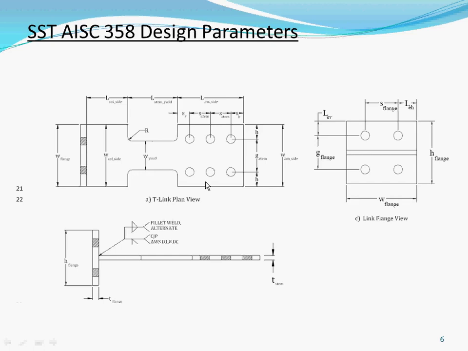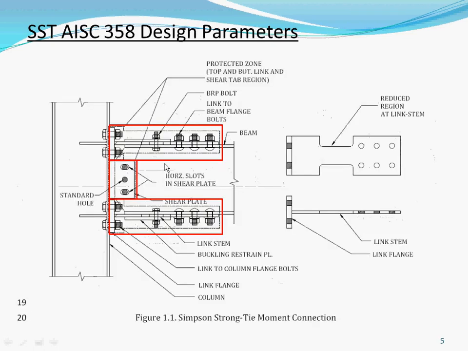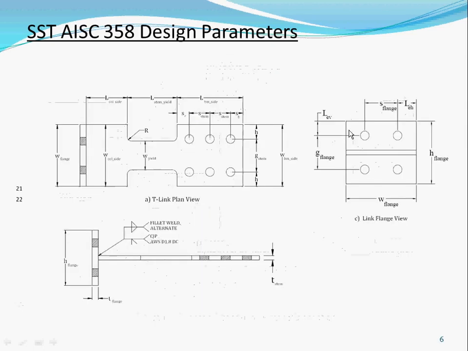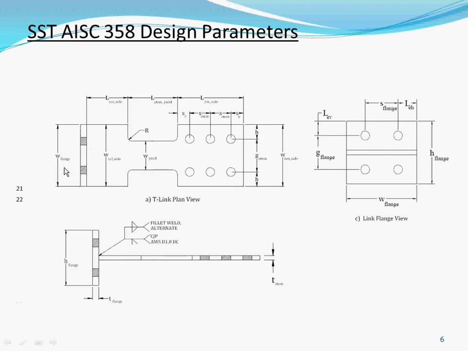Furthermore, in the link itself, now this is a blow up of what that is. We have definitions of all the geometries, how to control our link. So this is the W column side, and then this is the beam side, how wide this side and how wide this side.